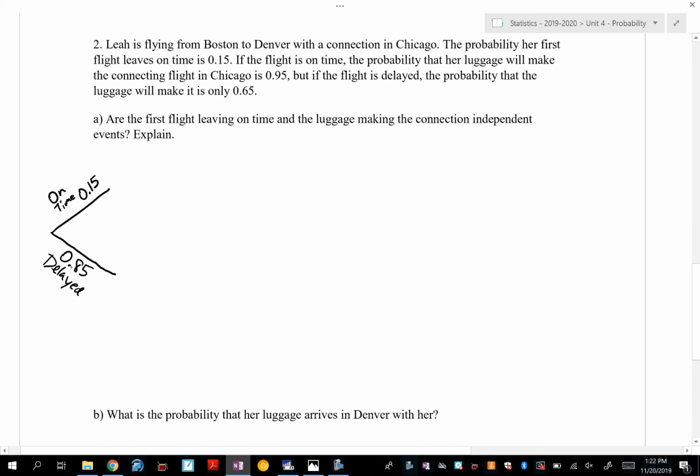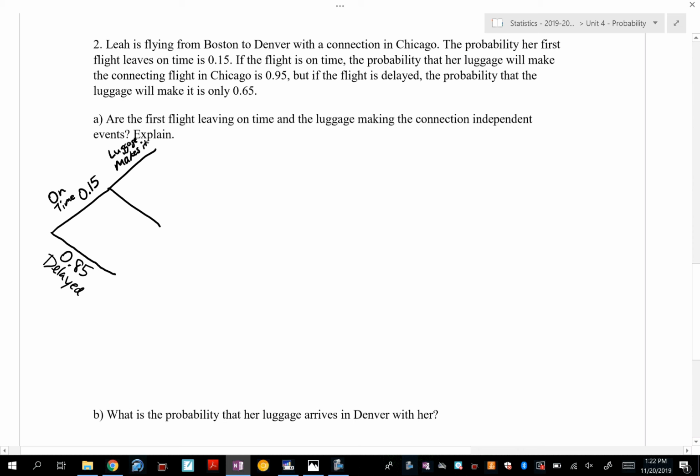Okay. If her flight is on time, what is the likelihood her luggage makes it to the connecting flight in Chicago? All right, so you have to do another branch here. Ready? So another branch there and another one here. And this is luggage makes it. It's hard to read there.